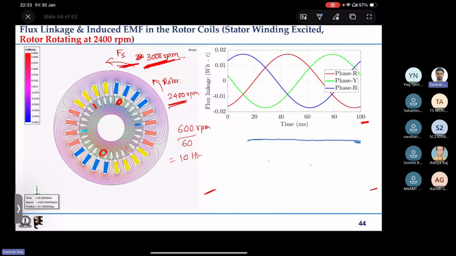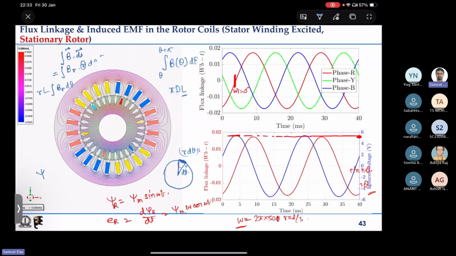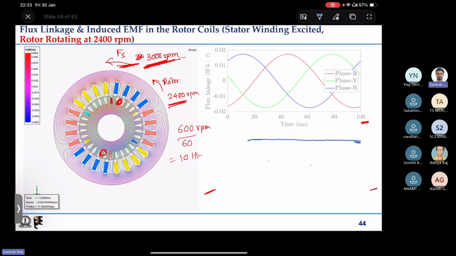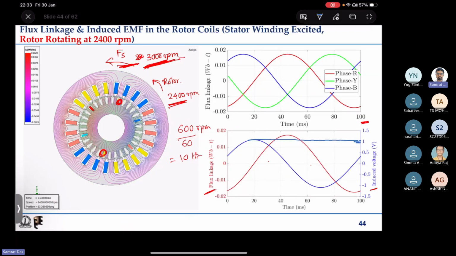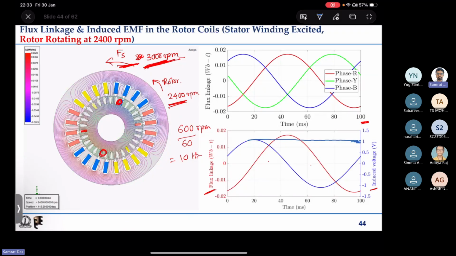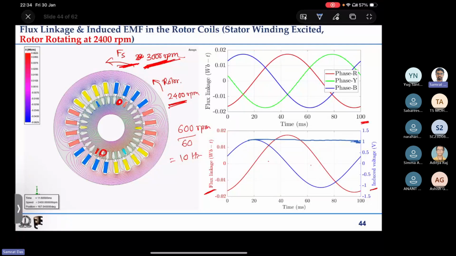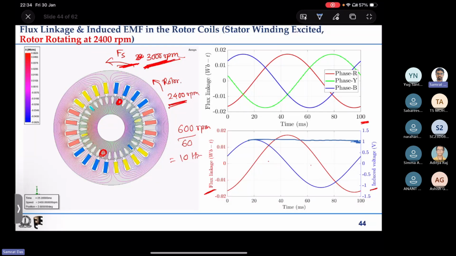Earlier it was around 5 volt, so it has become 1/5, approximately 1 volt, because the frequency has reduced. So E equal to d psi by dt. The frequency gets scaled with the flux linkage amplitude to give the induced EMF amplitude.